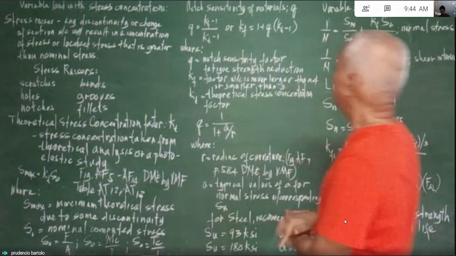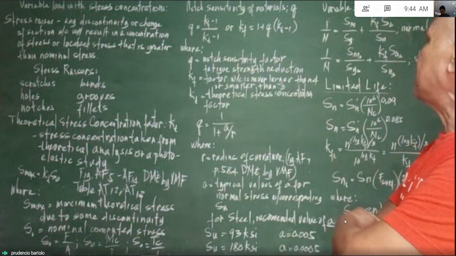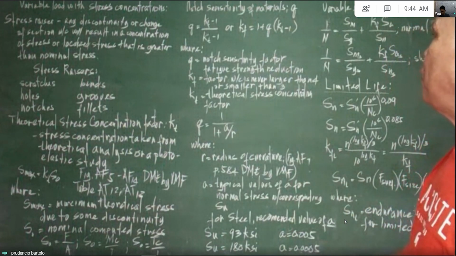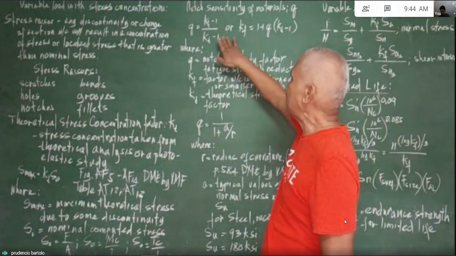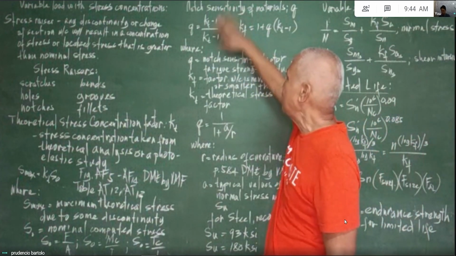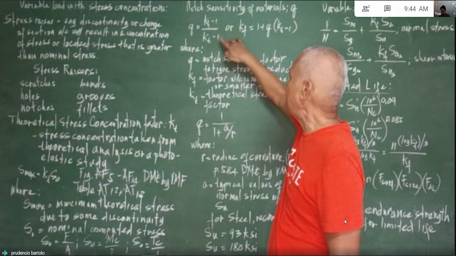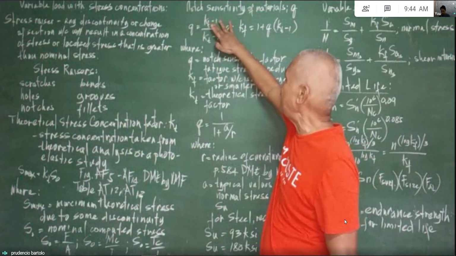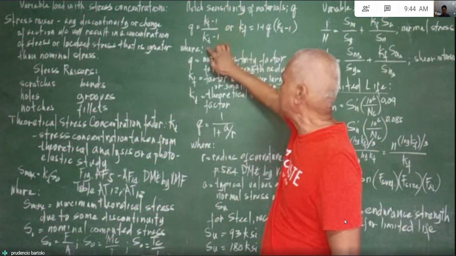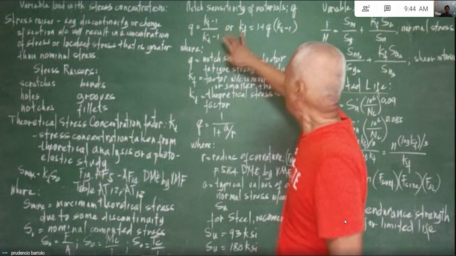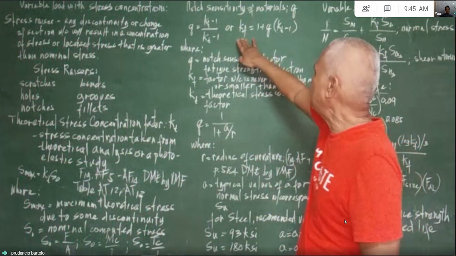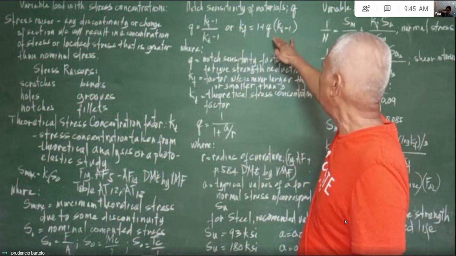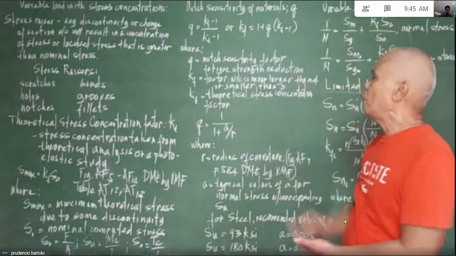That is the notch sensitivity factor of different materials, which is taken as q equals Kf minus 1 all over Kt minus 1. Or we can consider Kf is equal to 1 plus q times the quantity Kt minus 1.